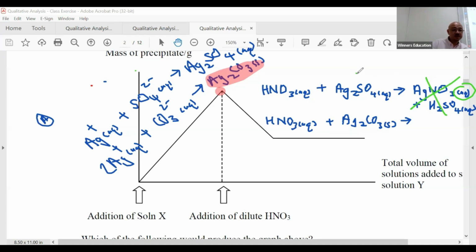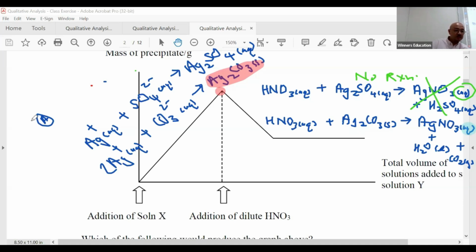There's no such reaction. Second one, this acid carbonate reaction, I'm going to get salt, water, and carbon dioxide. The salt is a soluble salt, and therefore you realize you have no more solid intact.